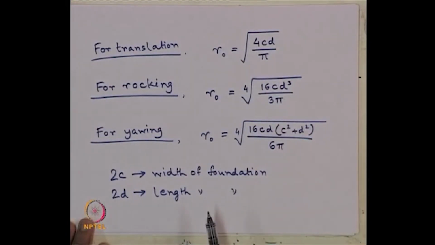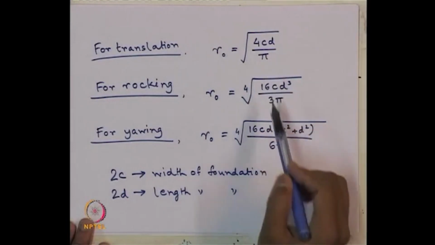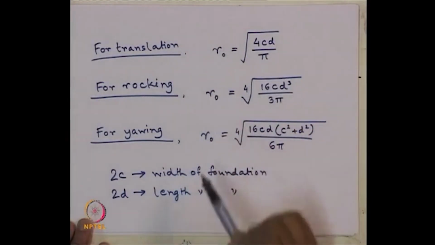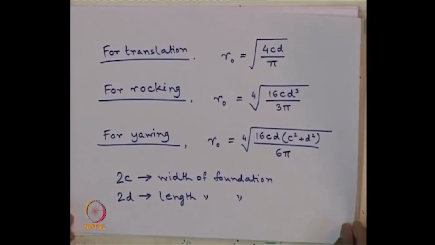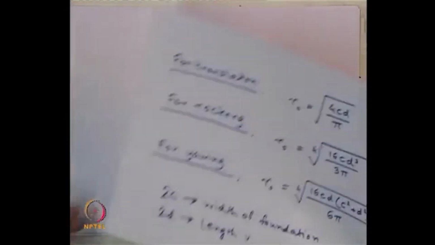Okay? So, these are the expressions which can be used to obtain from rectangular footing dimensions to equivalent radius of footings required to be considered for design. Other than this also, there are expressions to compute the spring constant for rectangular footing as well. So, let me give you those expressions also, which can be used.